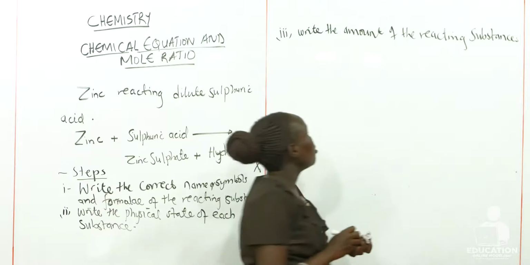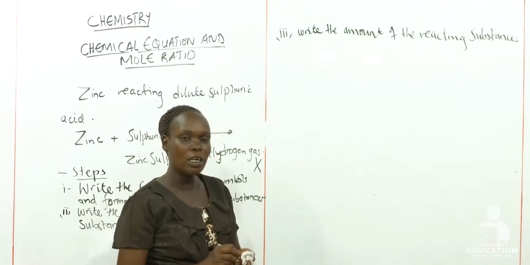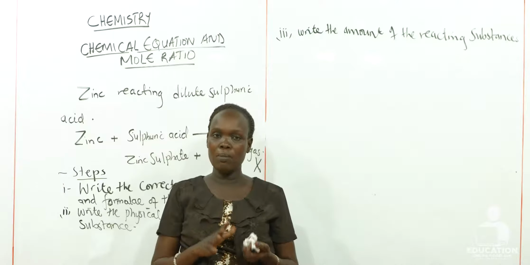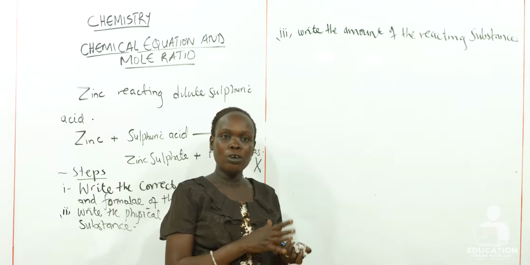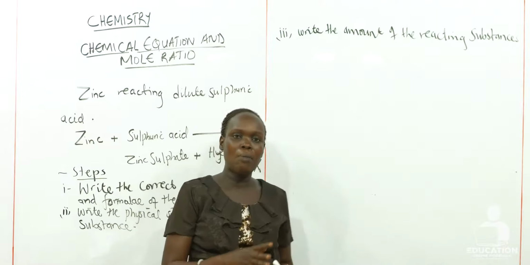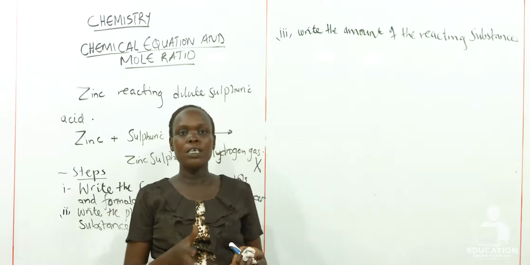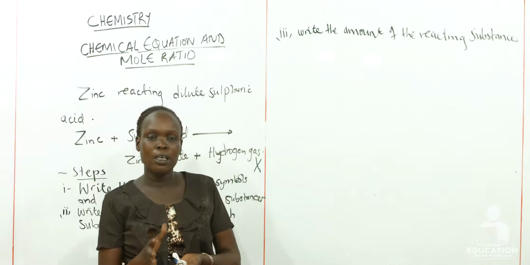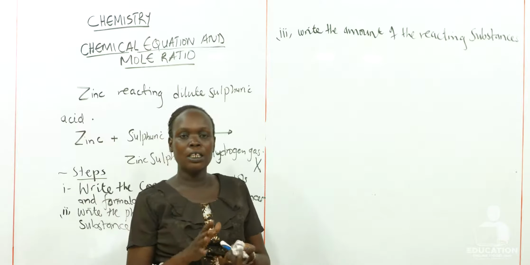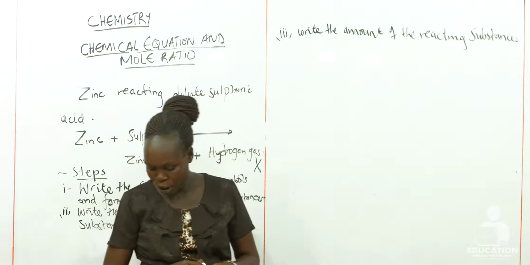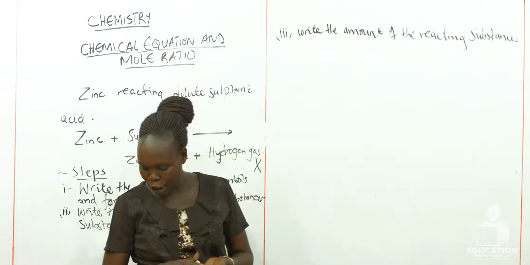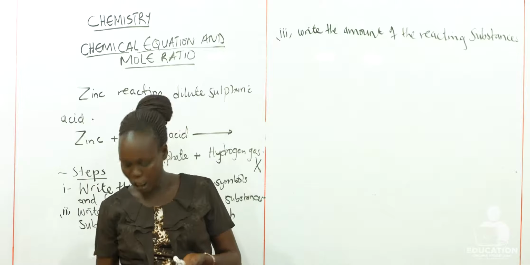At least anybody will know that this is the amount of substance A, and this is the amount of substance B, which give us the product, for example represented by C, with this amount. So you have to write the amount of the reactants and the products involved in the reaction.